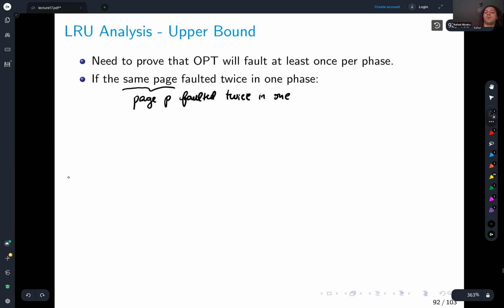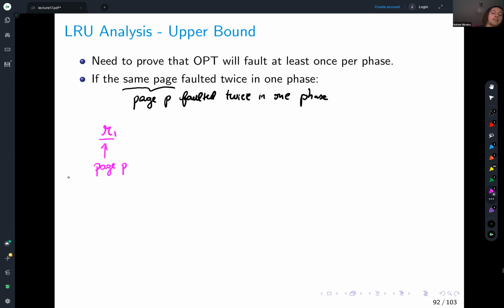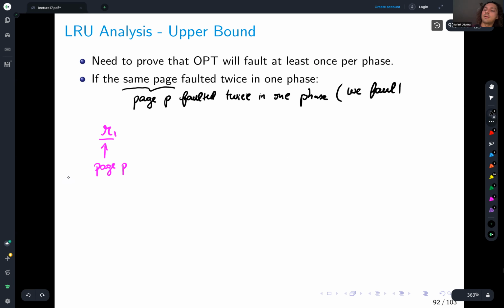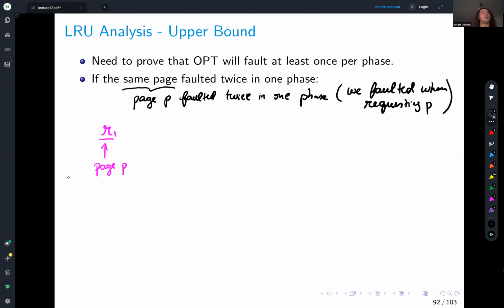Let's just call this page P. Let's say that R1 is the first request that page P faulted, that is, we faulted when requesting P. Does that make sense? So what we're saying here is we faulted when we requested page P.